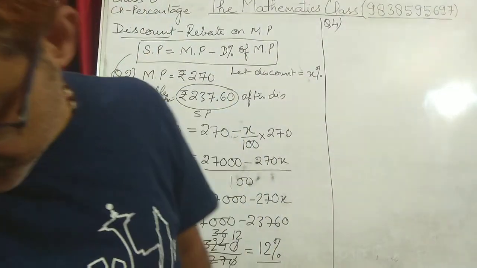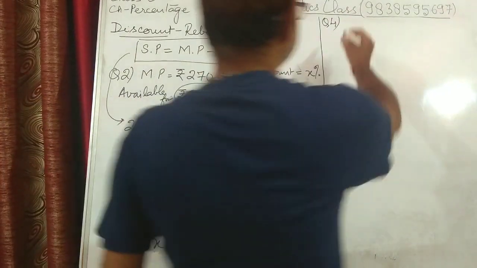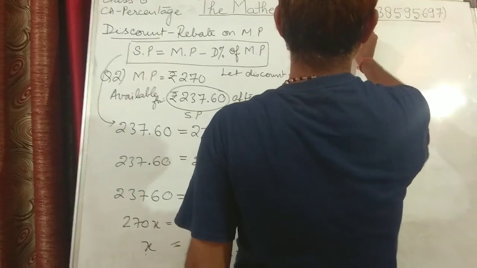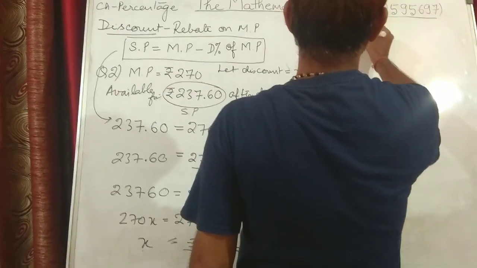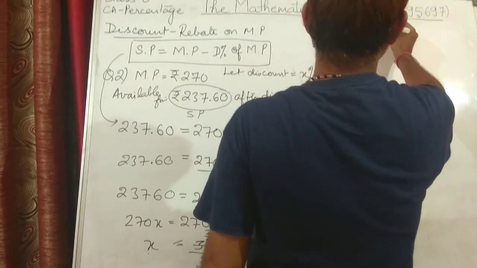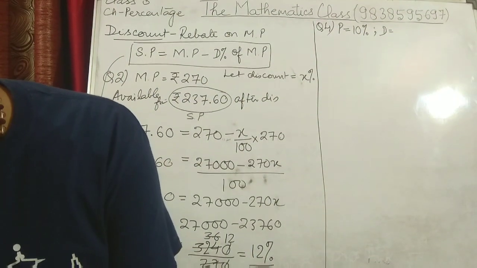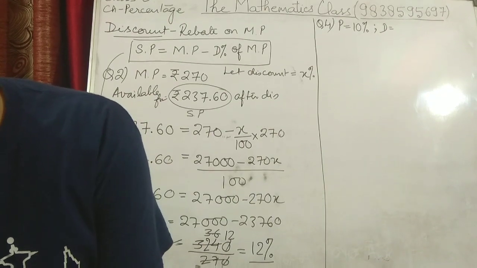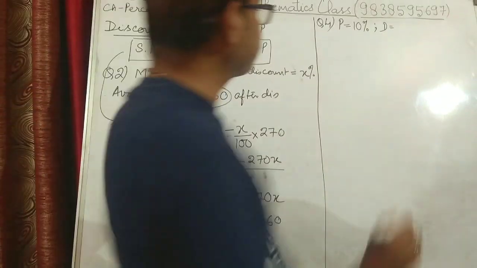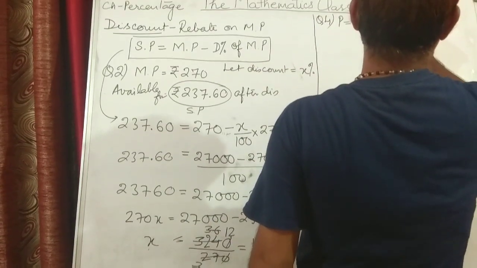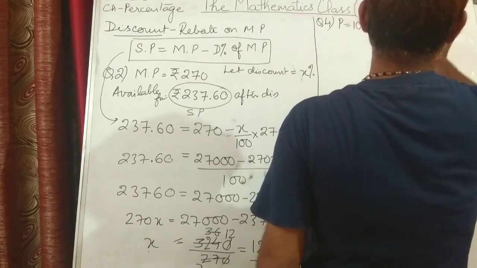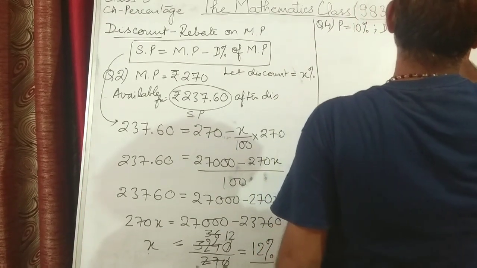A shopkeeper earns a profit of 10% after allowing a discount of 20% on mark price.